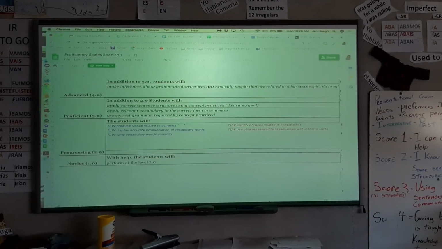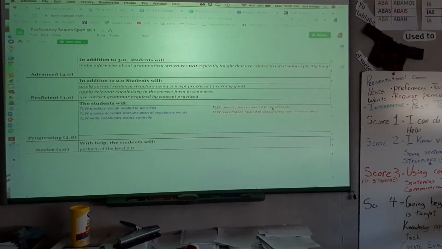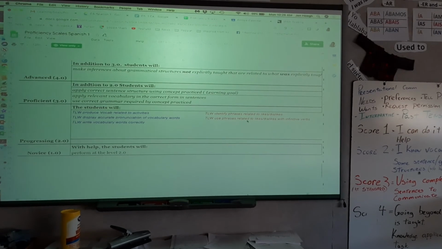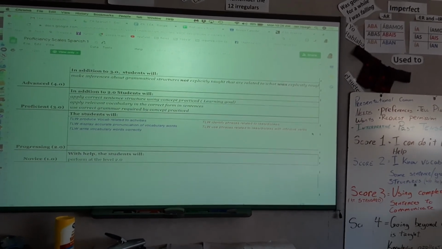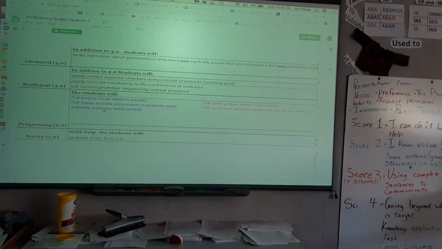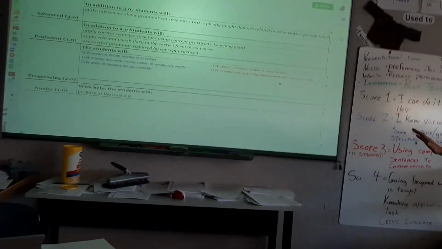So you see at score 2, it's all simple content. Identify phrases related to likes and dislikes, phrases related to likes and dislikes with infinitive verbs. That's the content being addressed. To be a score 2 student, they have to demonstrate mastery of those things.